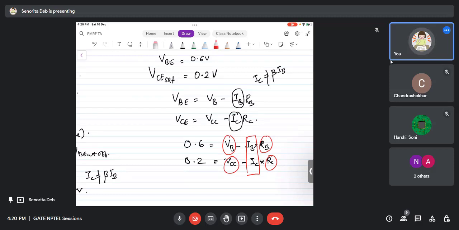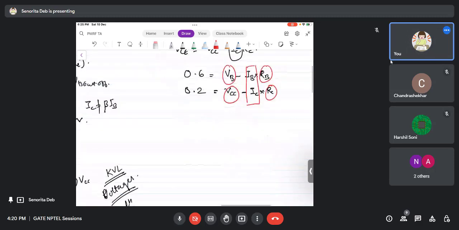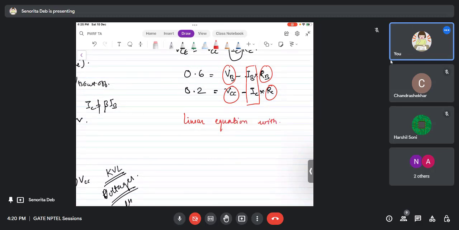So from here your system will come out to be a linear equation with one variable each. Then you can solve it separately and get the answer. So if all the values are given, you will find IB from here and IC separately from here.